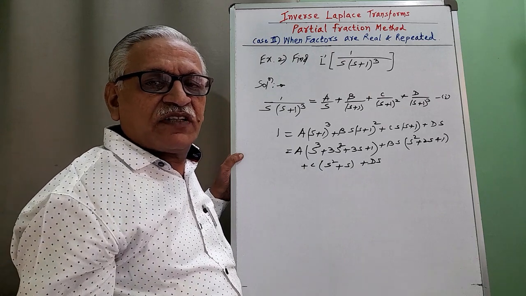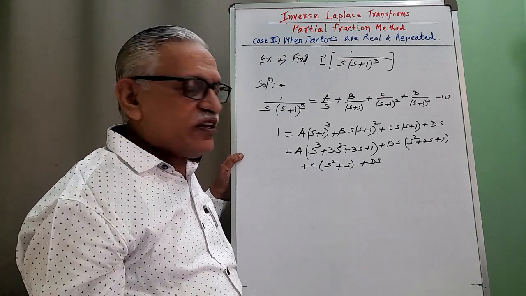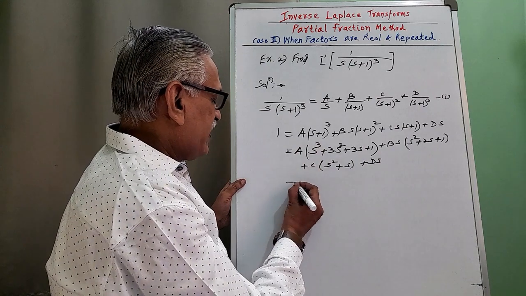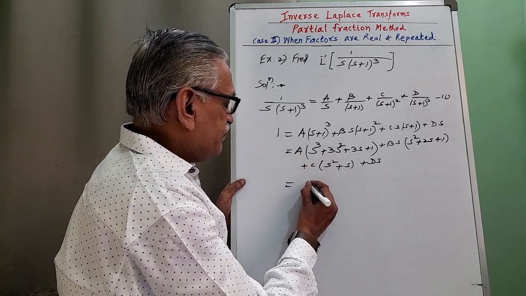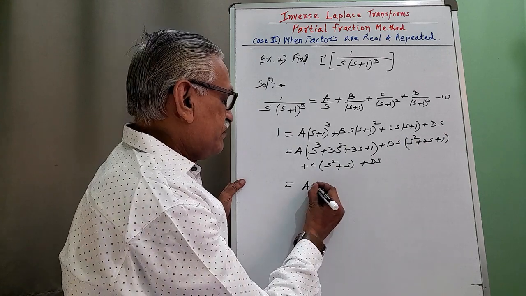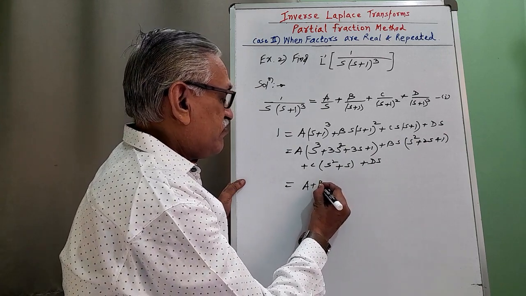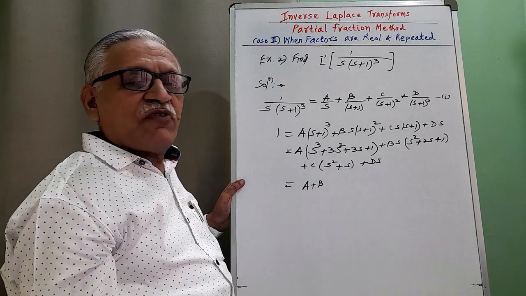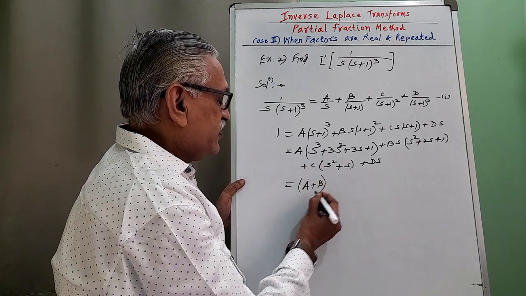Then collecting the terms of s cube, s square, s and the constant term, we get here a into s cube, b into s cube, and no term of s cube on the left, therefore a plus b into s cube.